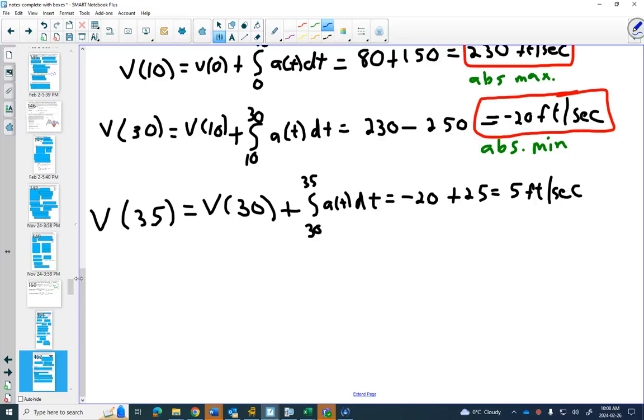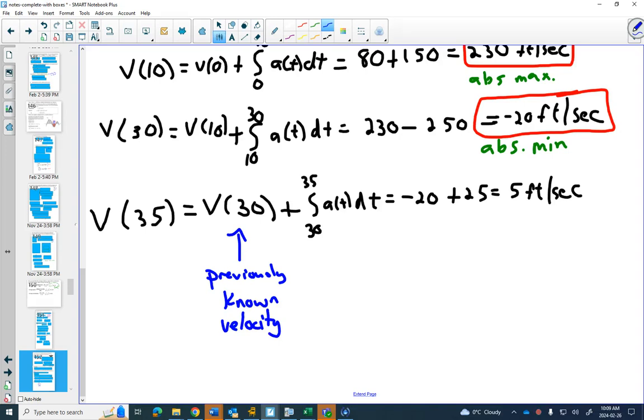Just something to note in these equations that's maybe a little bit new that we haven't done before. You can always find a new velocity if you take something that you previously know, so this v of 30, we already figured that out. That's a previously known velocity.